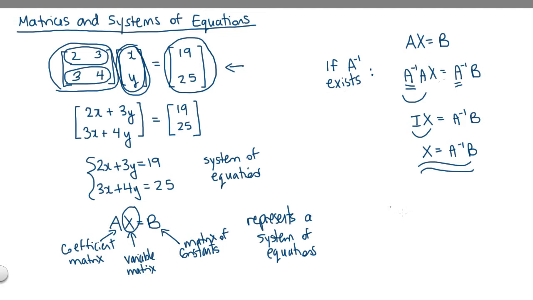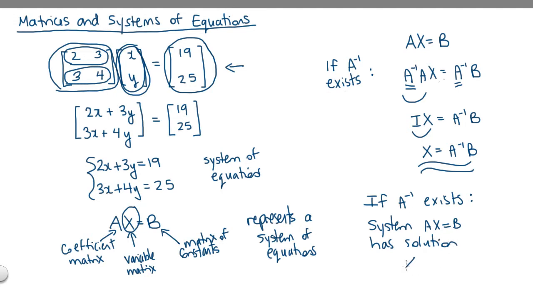So let's summarize this idea. If the inverse matrix, A inverse, exists, then the system of equations AX equals B has a solution given by X equals A inverse B. So let's see if we can use this fact to solve the system.